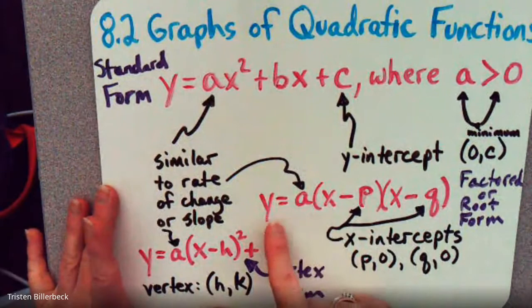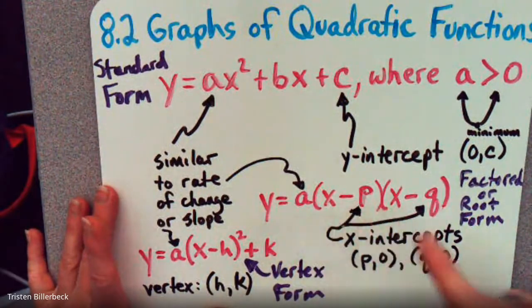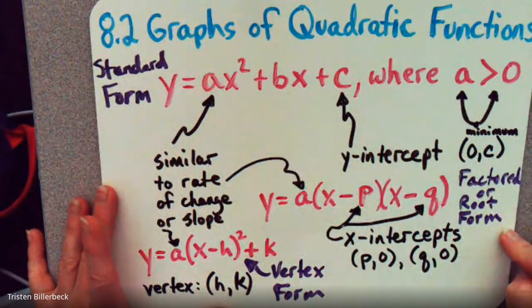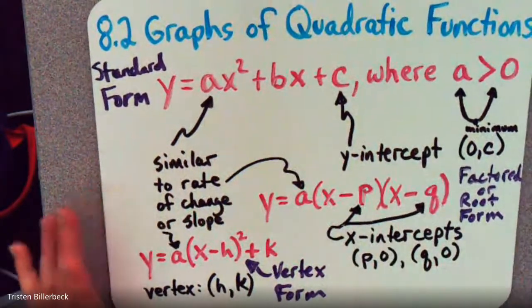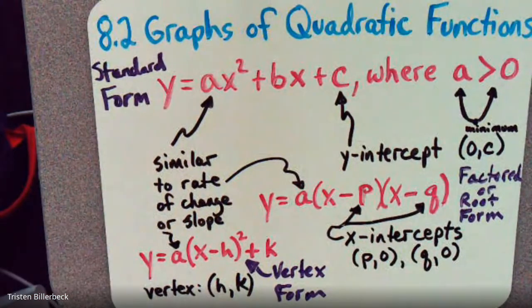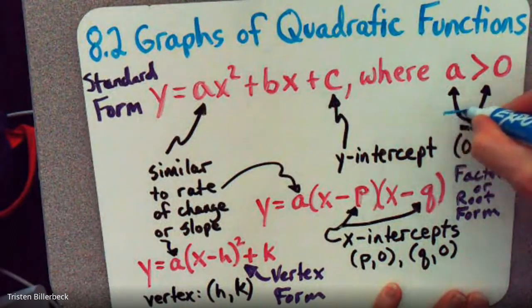This equation, y equals a times the quantity x minus p times the quantity x minus q, is called the factored or root form, and what it gives us is the x-intercepts.